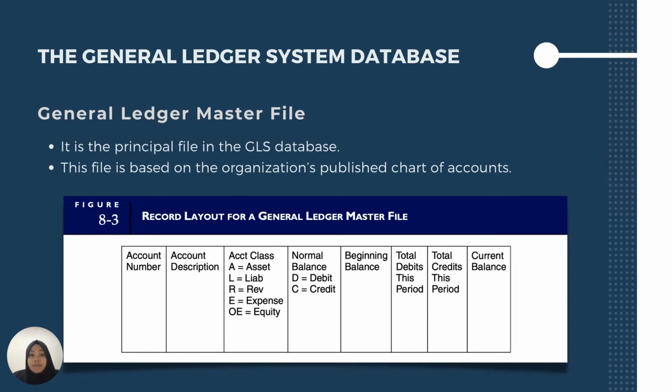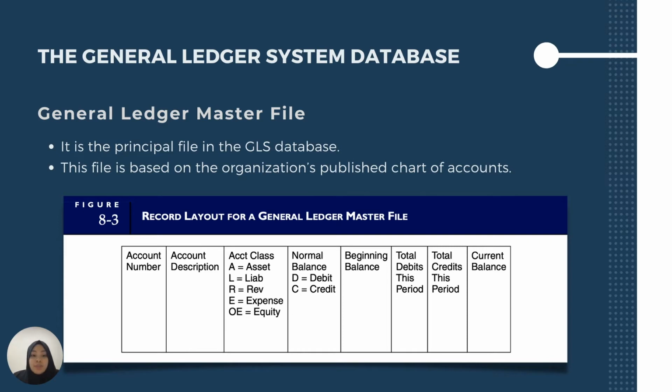This file is based on the organization's published chart of accounts. Each record in the general ledger master file is either a separate general ledger account, for example, sales, or the control accounts such as accounts receivable control for a corresponding subsidiary ledger in the transaction processing system.